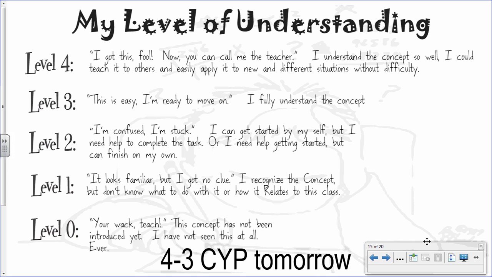Okay, go back, find your mastery box, plug in your mastery wherever you think you are. Yeah, you get like a participation grade. So when I come by, I'll look in your box, see what your mastery is, and then I check to make sure you have everything filled out.